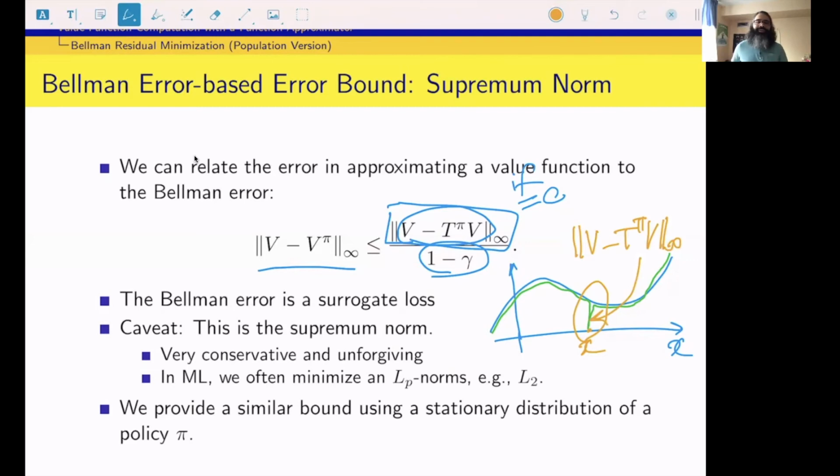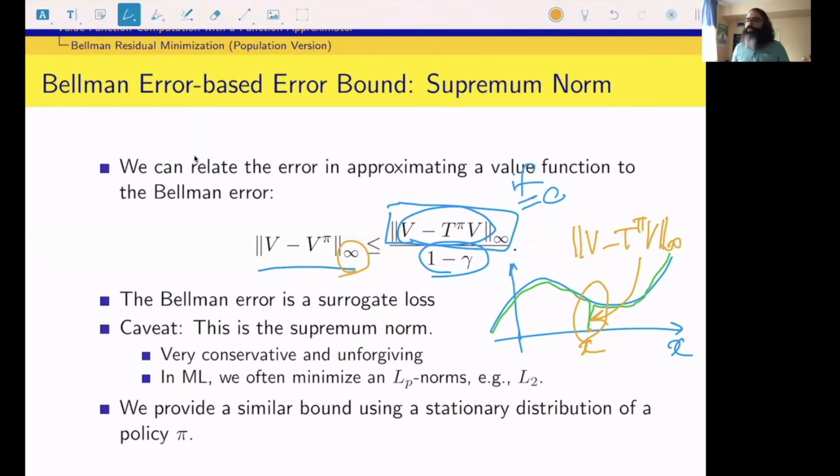So if you have billions of points or a continuous state space, you have an infinite number of points. At all points you are accurate except one point in one very small region. The supremum norm says your error might actually be very large. And then the guarantee that I can provide on the supremum norm of the quality of your approximated value function is also not going to be very small.